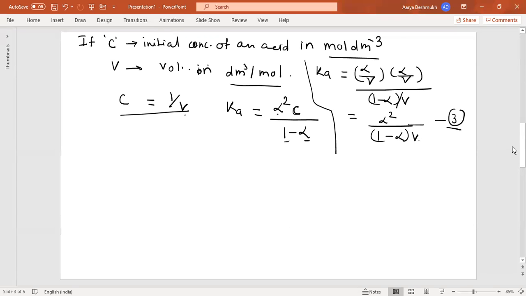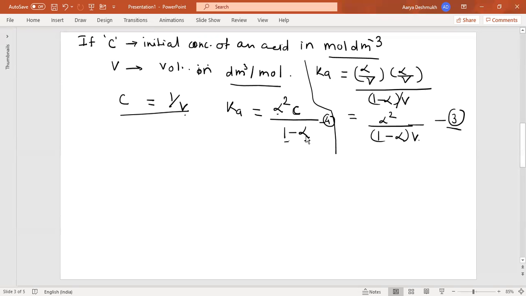So we are left with alpha square into C divided by 1 minus alpha. This is your equation number 4. You can number this as equation number 4.